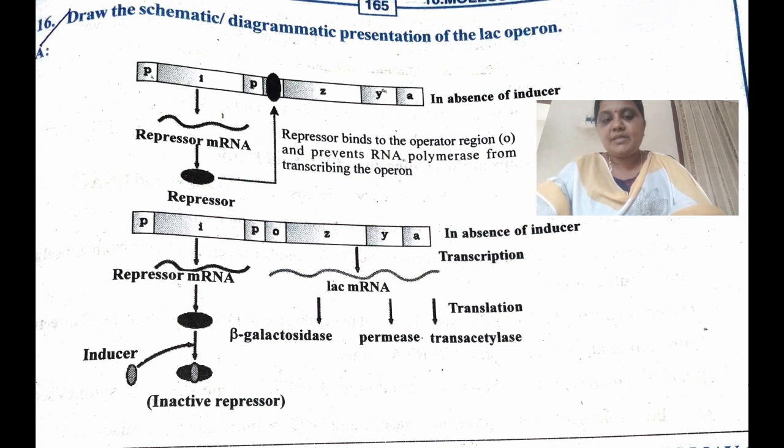See the diagram: repressor mRNA, and inducer with inactive repressor. In the absence of inducer, transcription occurs. This lac mRNA gives rise to beta galactosidase, permease, and transacetylase. So this is the diagrammatic representation of the lac operon.